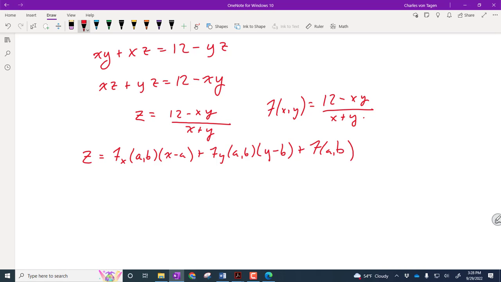How are we doing, folks? Okay. So this is our second definition. If you're not sure where this came from, the first thing I would do is go back and double check the pre-work videos where I derive it. But then the next thing is you just memorize it.